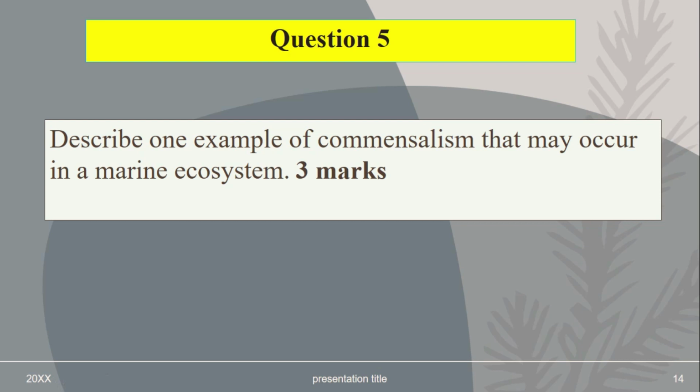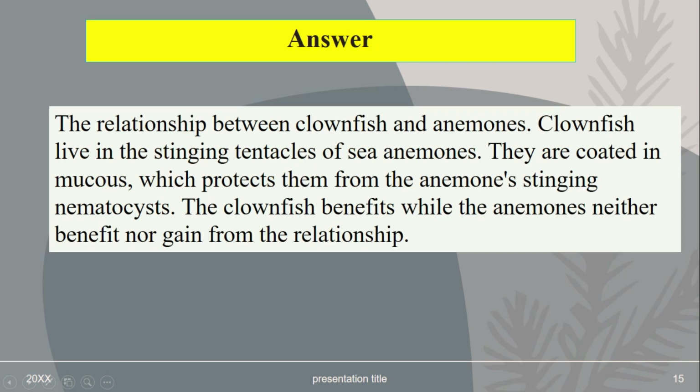On the other hand, in mutualism, both organisms benefit from the relationship, and in parasitism, one organism benefits while the other is harmed. All right, so let's look at the example of commensalism. Let me read the answer. The relationship between clownfish and anemones.